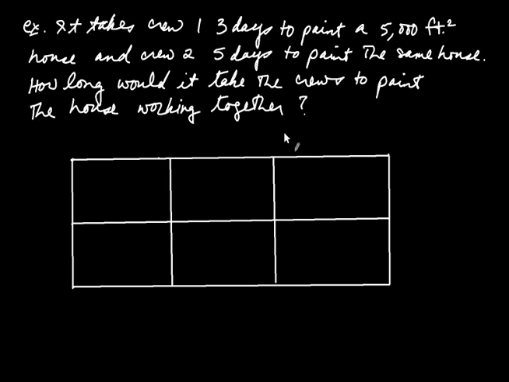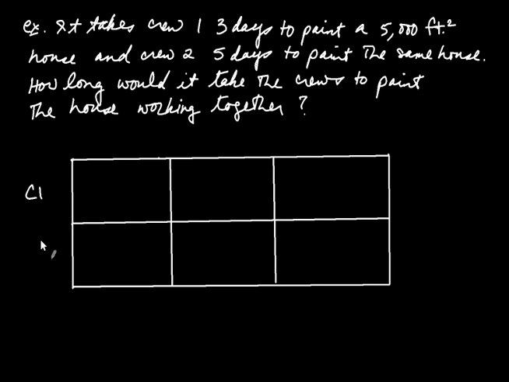Now, the way we're going to do these problems is we're going to organize the information in a little table here, okay? So when you're given a problem like this, I'd like you to create a little table like this. All you want to do is basically create 2 rows and 3 columns, okay? Now, every one of these little boxes is going to have a meaning. So we're first going to label the first row as crew 1, okay?